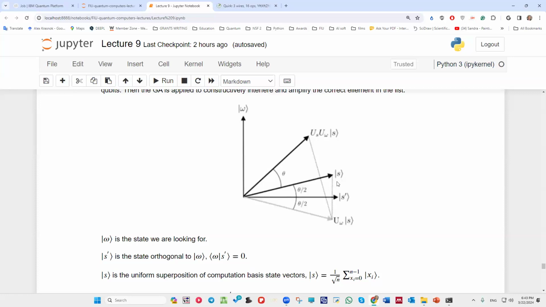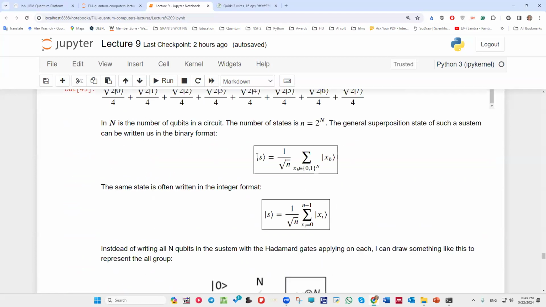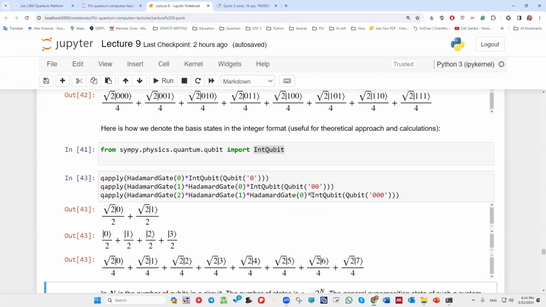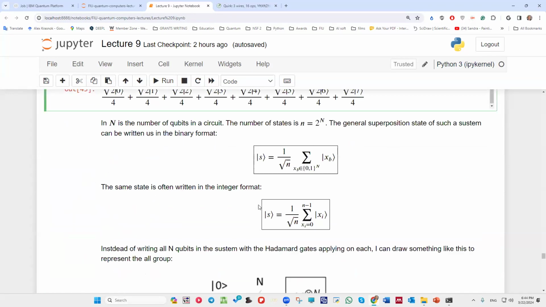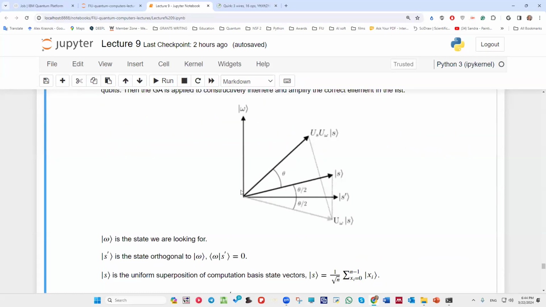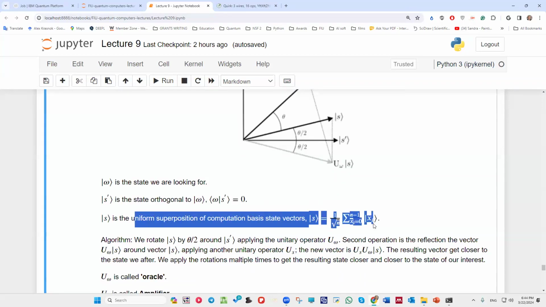So what do we do? We create the perfect superposition state, this kind of state, or this one, which is exactly the same, using a number of Hadamard gates. So we apply a Hadamard gate to every single qubit to create the state S, the superposition state. This is the state S here. We know this state, of course. What we do next, this is written here.